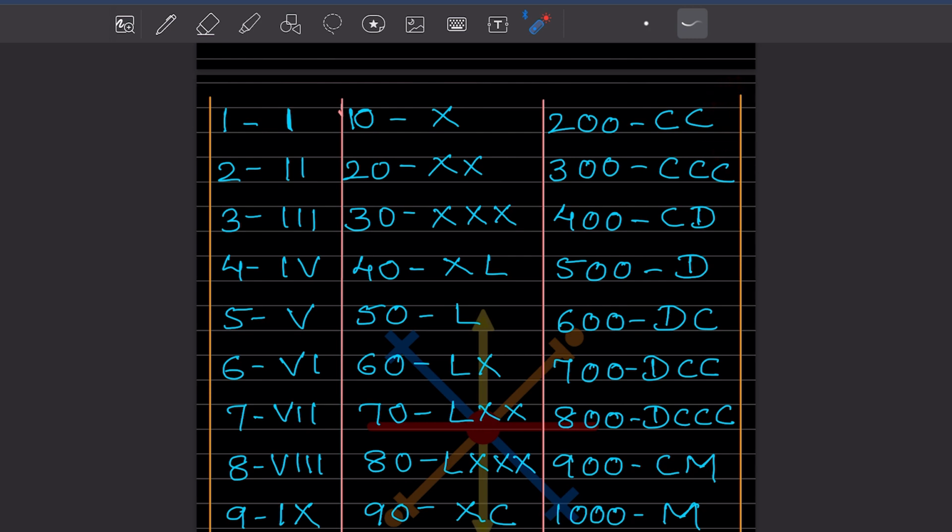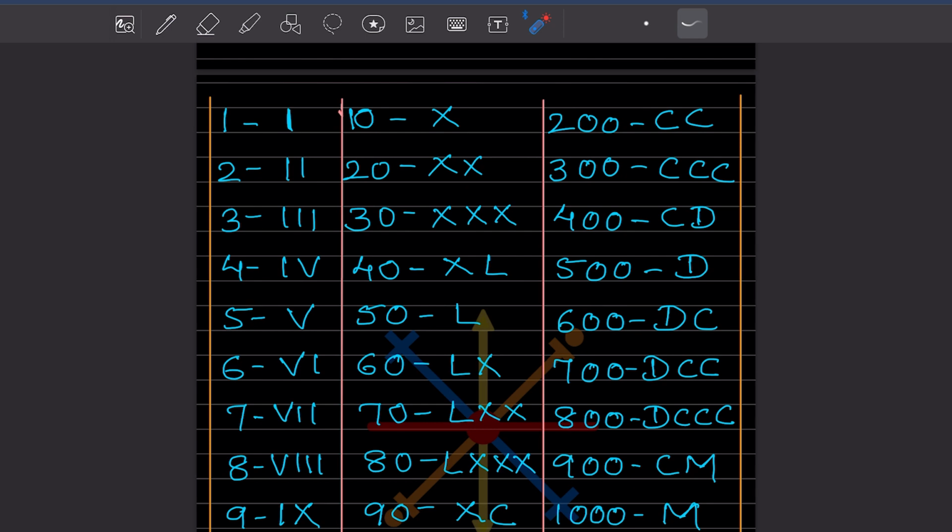Again we cannot write 400 as CCCC, so that will be CD. 500 is D, 600 is DC, 700 is DCC, 800 is DCCC. Again this is 3 times, so we cannot make 900 DCCCC. Then 900 is going to be CM and 1000 is going to be M.